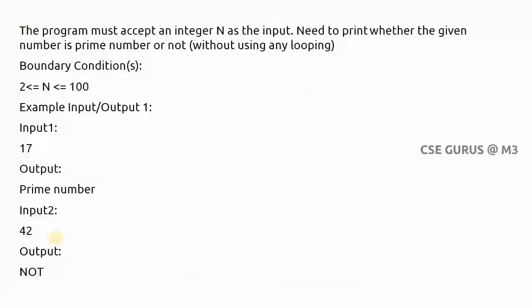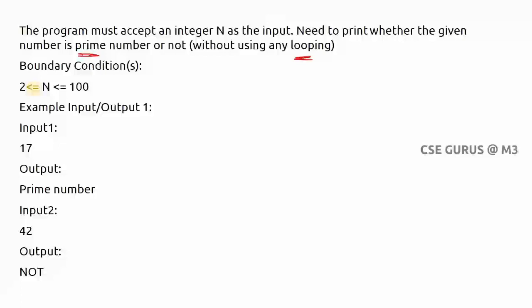Now this is one simple program. Of course, it is a program that does not use the concept of looping. Here the program is to find whether the given number is prime or not. I will give a number, and you have to check whether it is prime or not. Anyway, when you want to check whether the given number is prime, maybe we can use the concept of looping. Why?